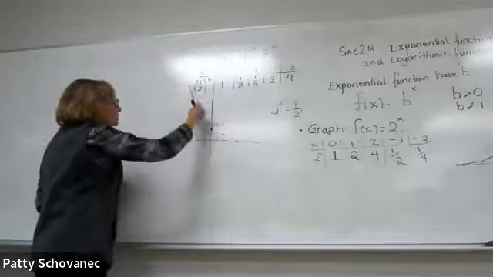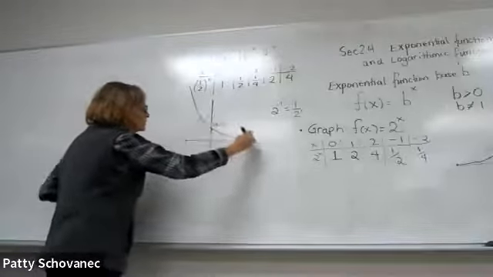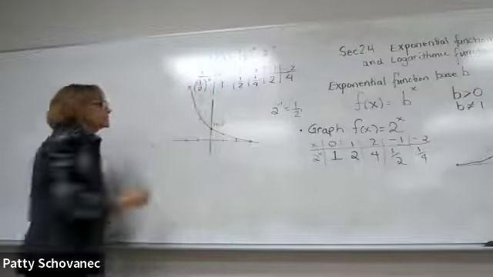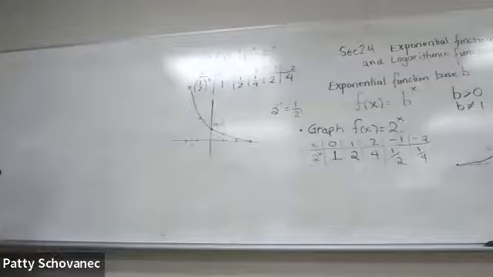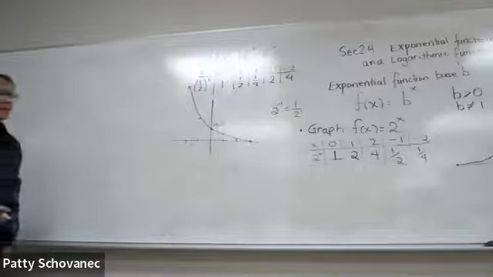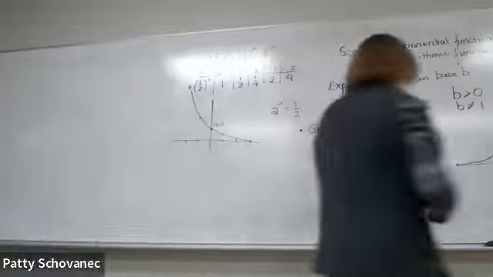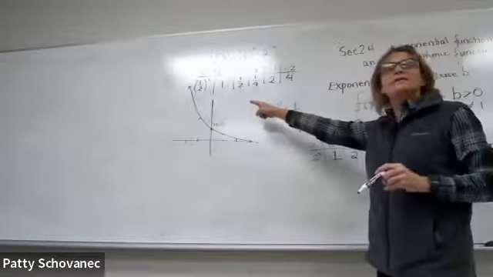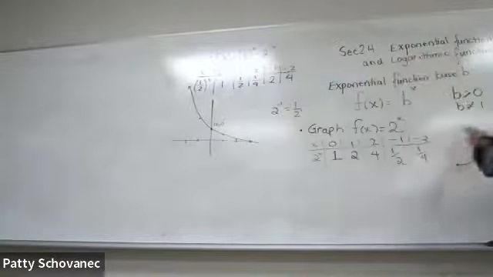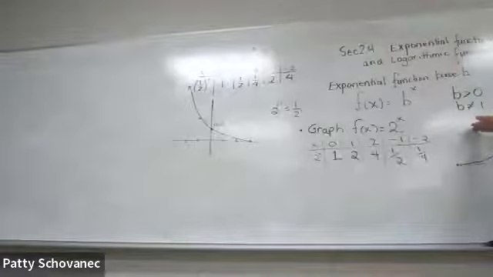So we've got something going on here. Never going to be 0, goes through 0, 1, and is never negative. In the first example, we've got a doubling function, and this one cuts things in half. This is an example of a growth curve.